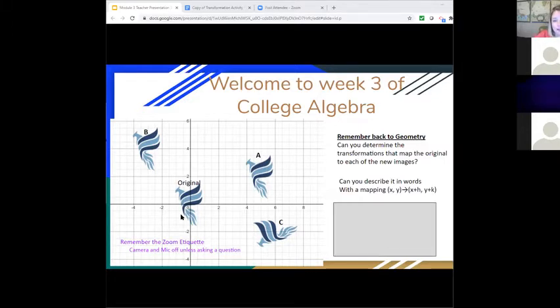What are those transformations that make that happen? Jotting it down in your notes as you're jotting down some ideas. With another few seconds to get people into the room, as you're thinking through how you would map it.